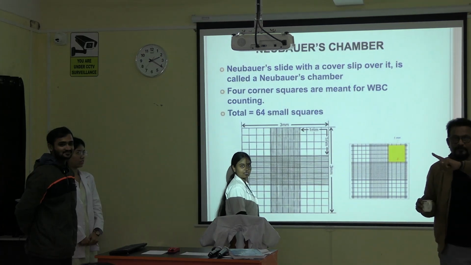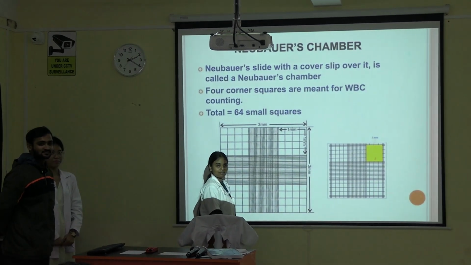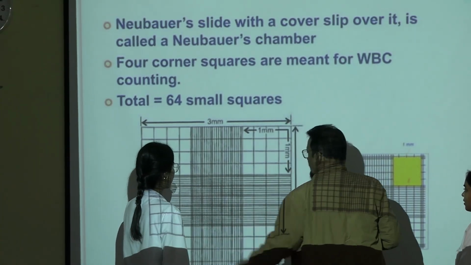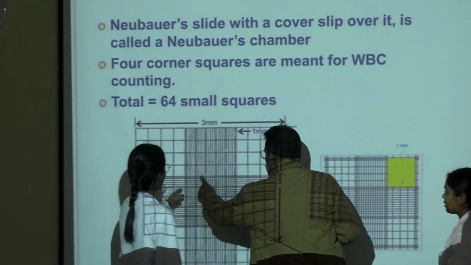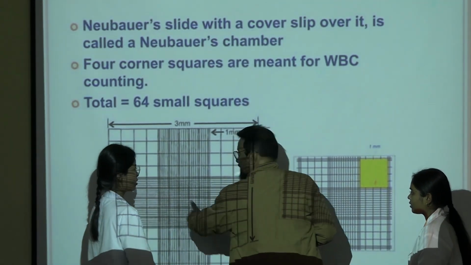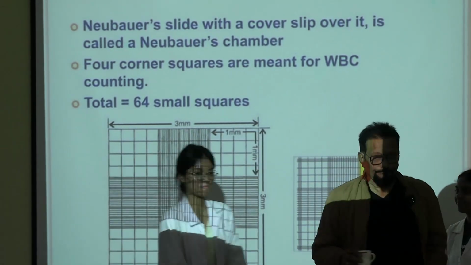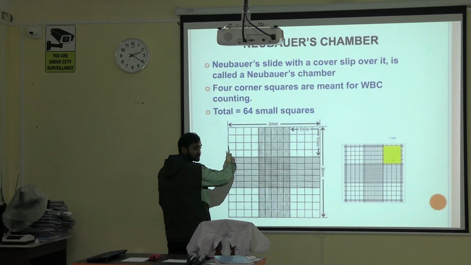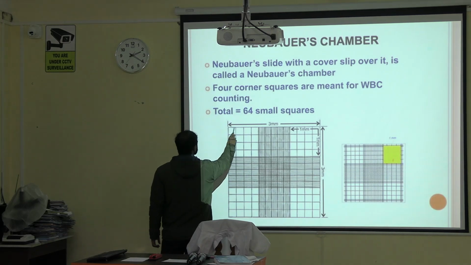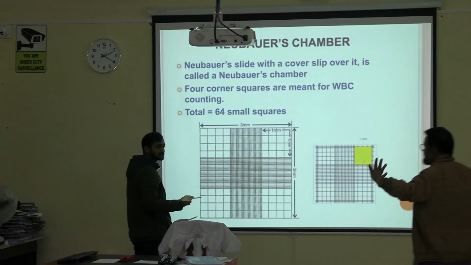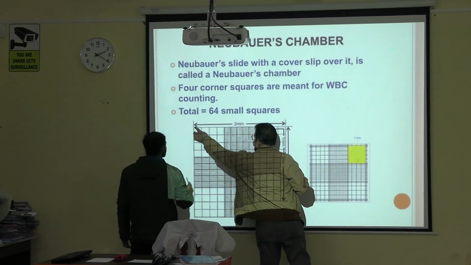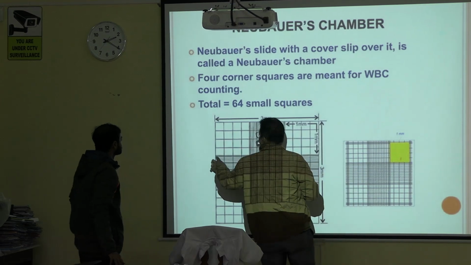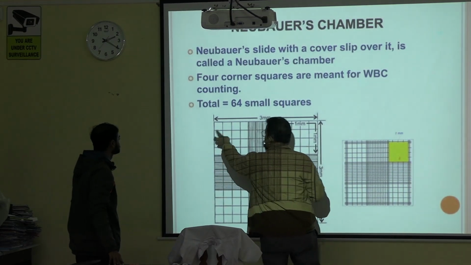Right? Is she correct? Yes, sir. This is the area for counting RBC, and not all of it, only 5: 1, 2, 3, 4 and 5. Now, this is one large box, and this is one small box. What is the distance from here to here?